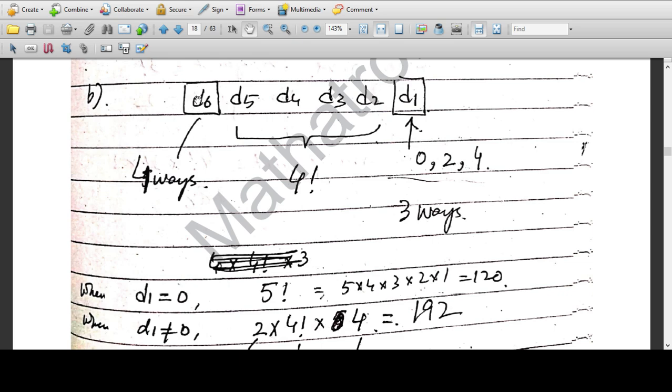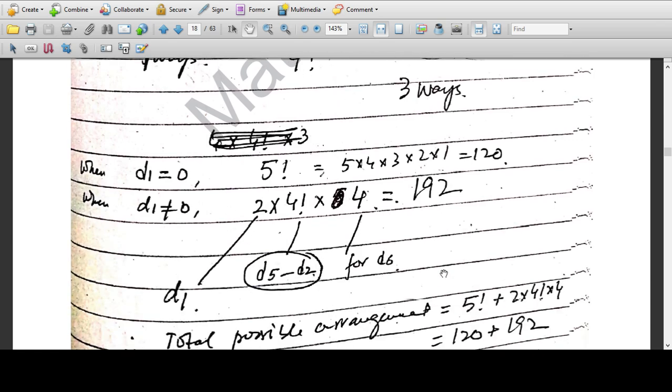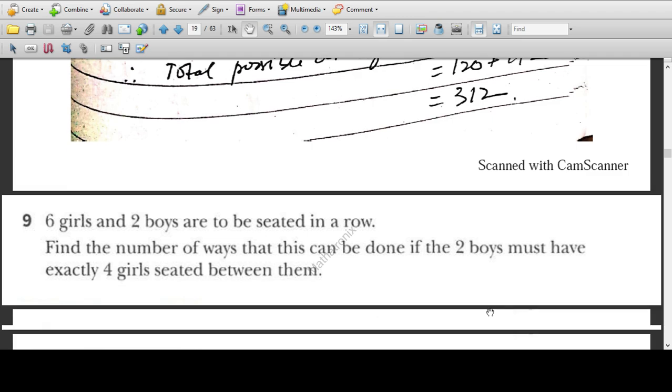One digit is placed here, one digit placed here, and the remaining 4 digits are placed in 4 factorial ways. So these are the possibilities. The total possible arrangement is 5 factorial plus 2 into 4 factorial into 4, which is 312.